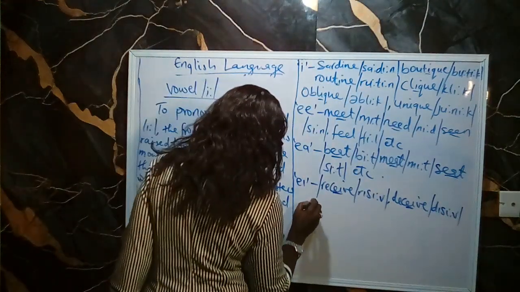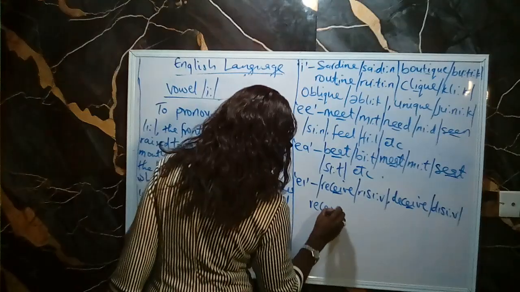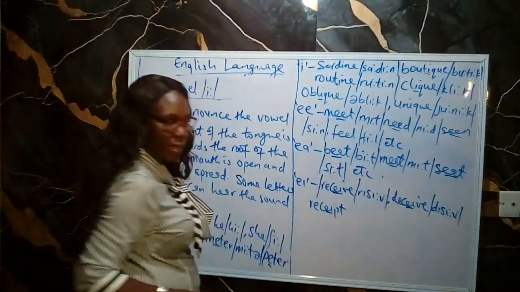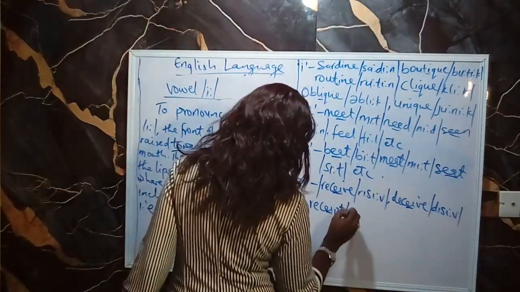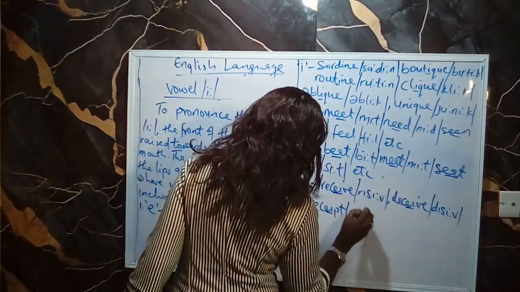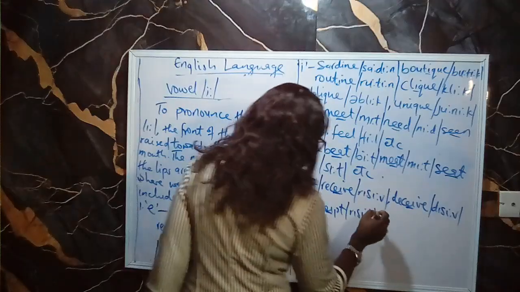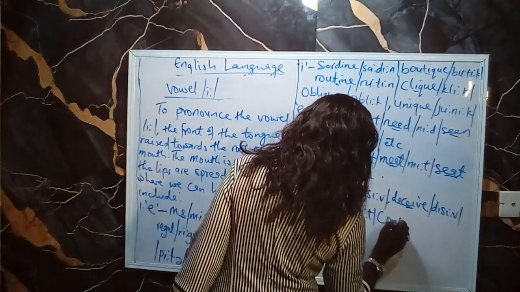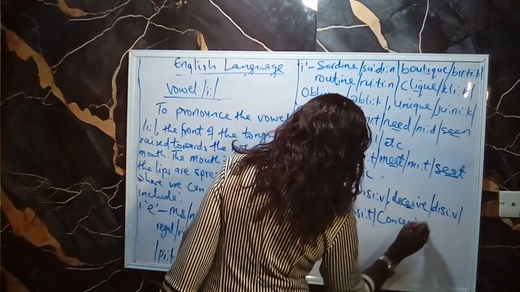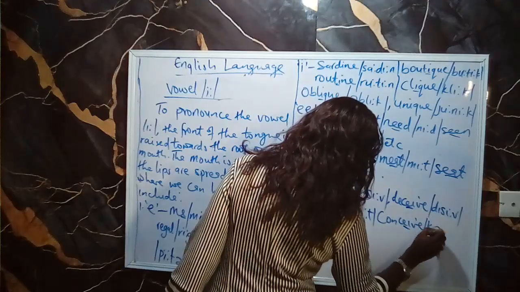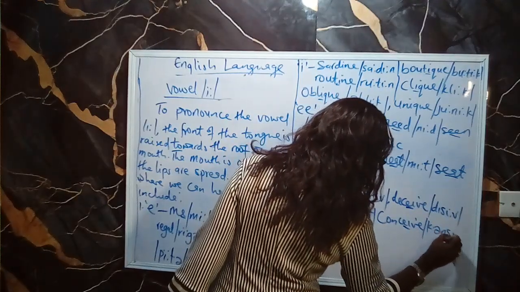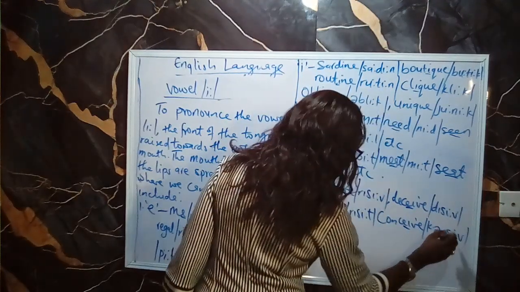Then receipt. So we have re, seat. Okay. And then conceive.